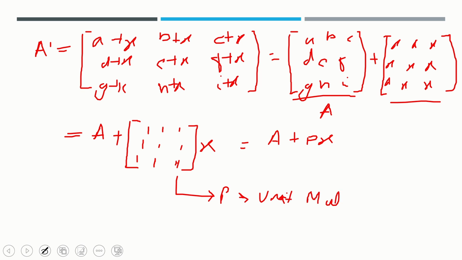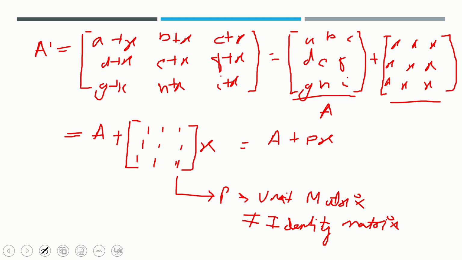Maybe you have heard about it, but this matrix has never been used in any other numericals, so maybe you forgot this one. But this is a unit matrix, and don't compare it with the identity matrix; it is not equal to the identity matrix.